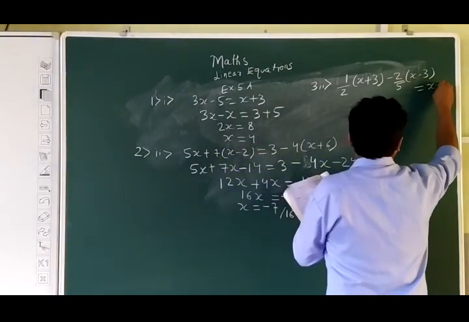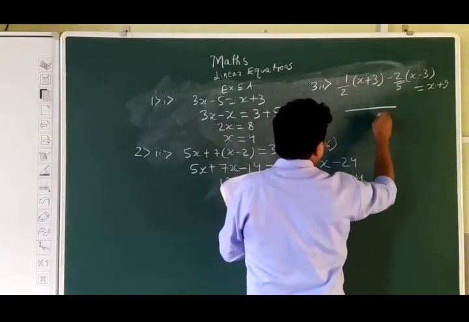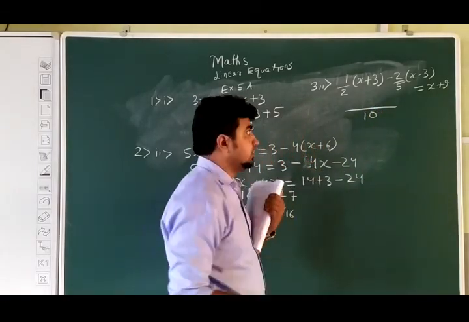Equal to x plus 9 is given to us. This term is given, so we will take 10 as the LCM. 2 and 5 LCM will be 10.